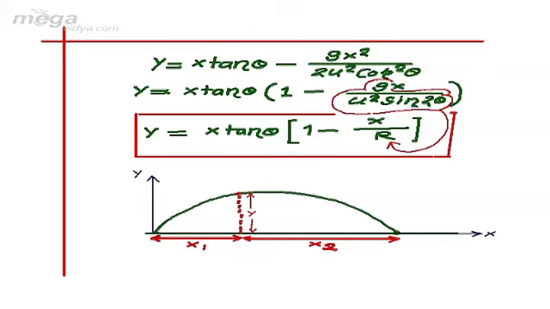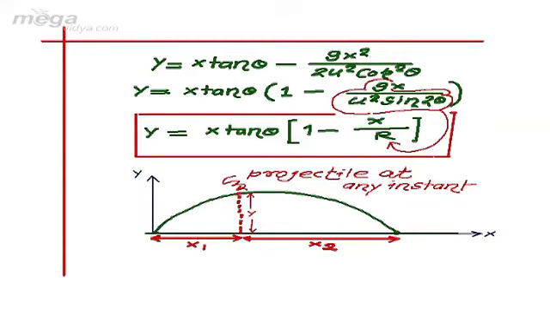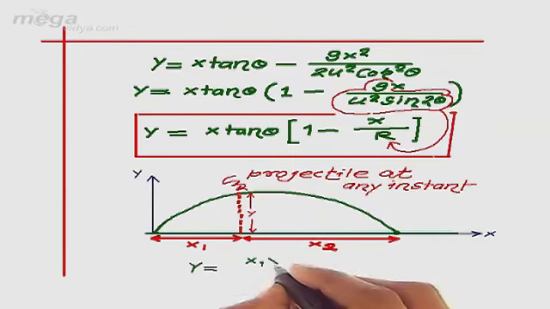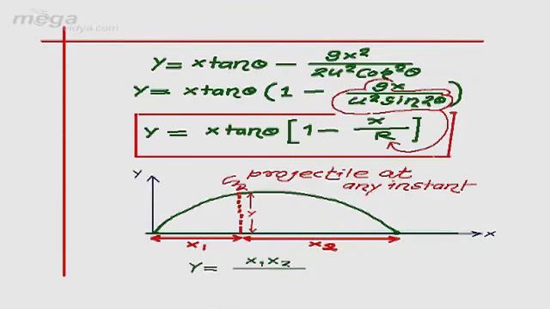So here the projectile at any instant is shown in this xy reference frame, where the projectile's y position is y and its x position relative to the point of projection is x1 and relative to the point of landing is x2. Then the above equation of trajectory can be written as y equal to x1 x2 divided by x1 plus x2.